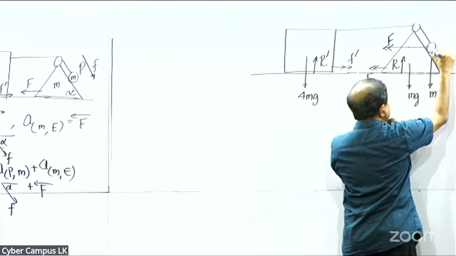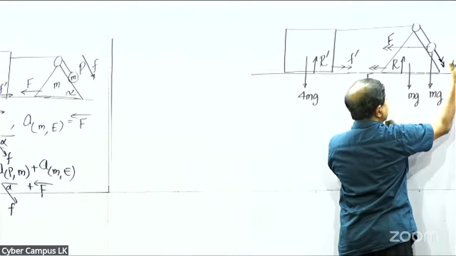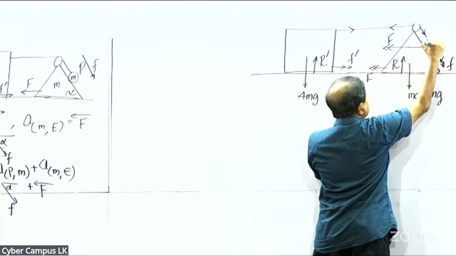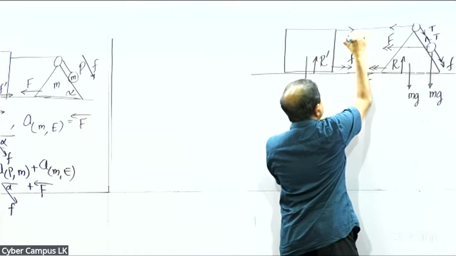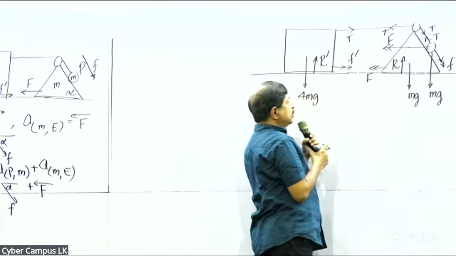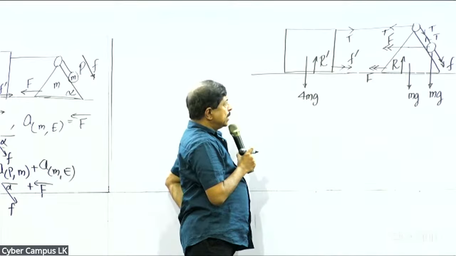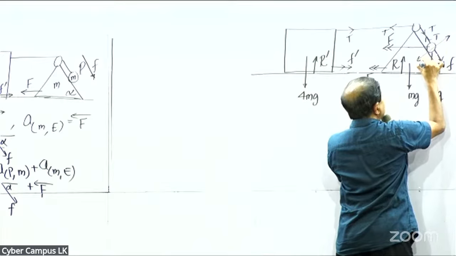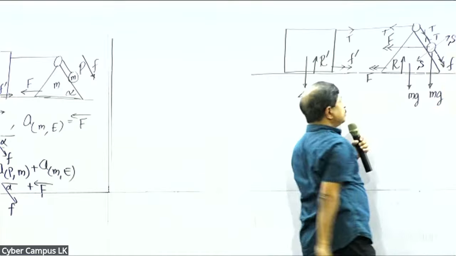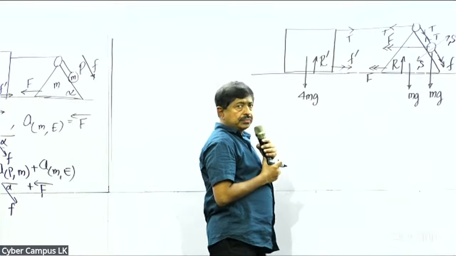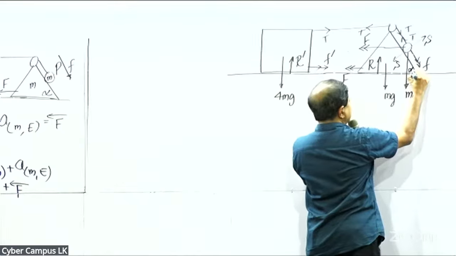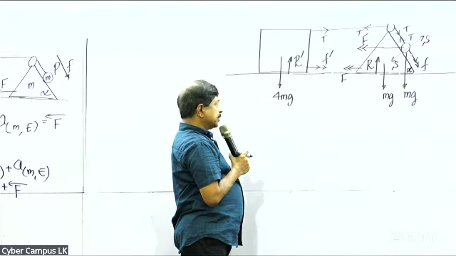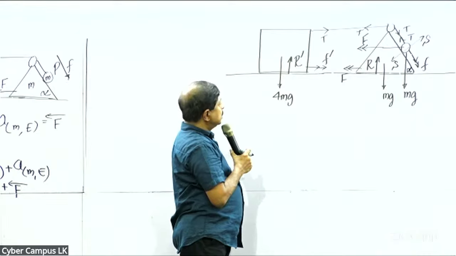This has two components. That's a tension, and there's a reaction in between these two. This angle is alpha. Now you can write the equations, right?